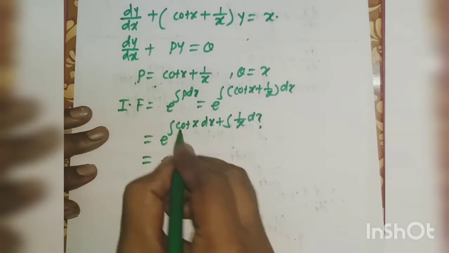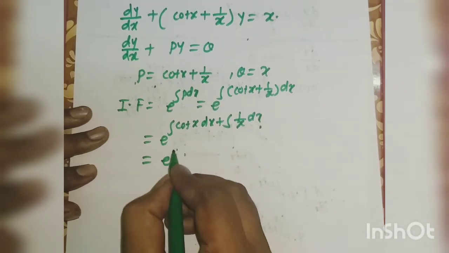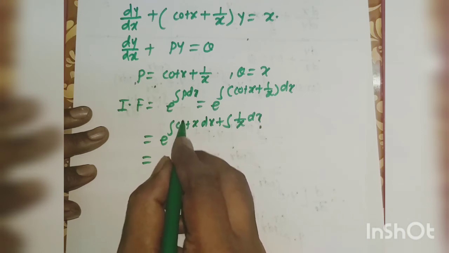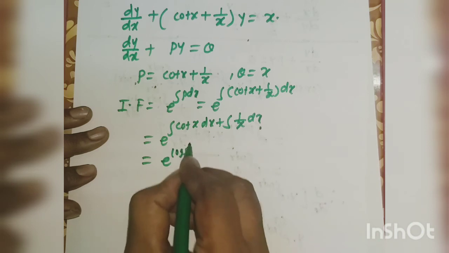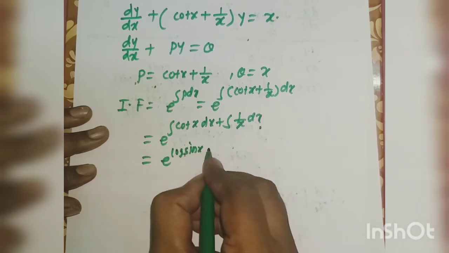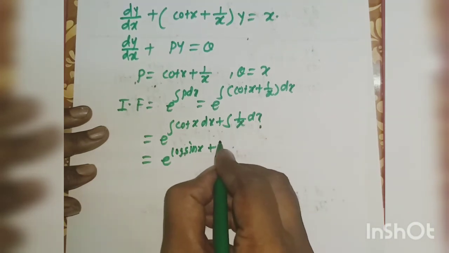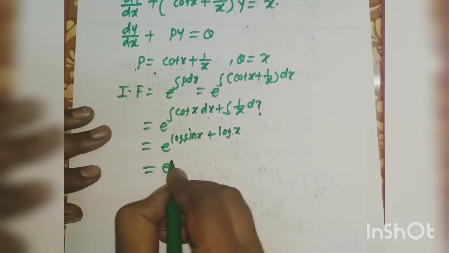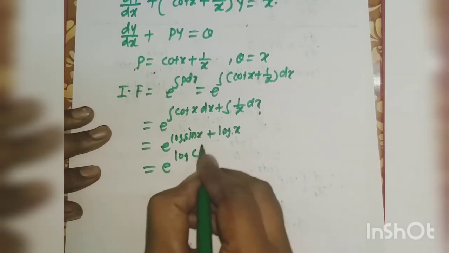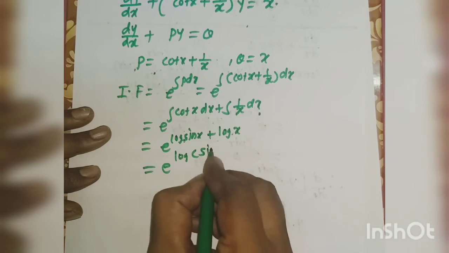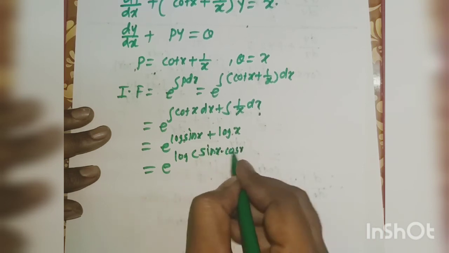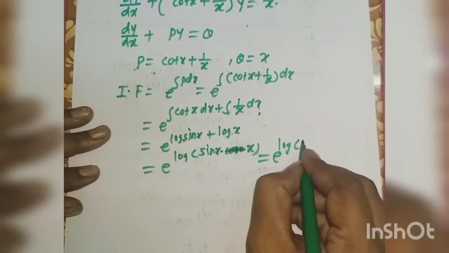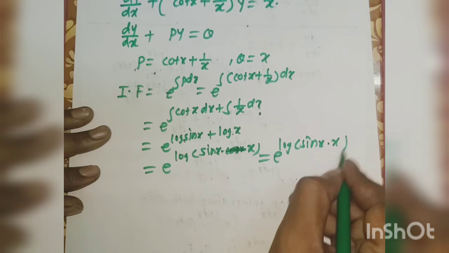Then integration of cot x, which is cos divided by sin, with derivative of sin in the numerator, is log of sin x, plus integration of 1 by x, which is also log of x. That is e raised to log of sin x plus log of x; therefore we take the product, sin x into x, e raised to log of sin x into x.